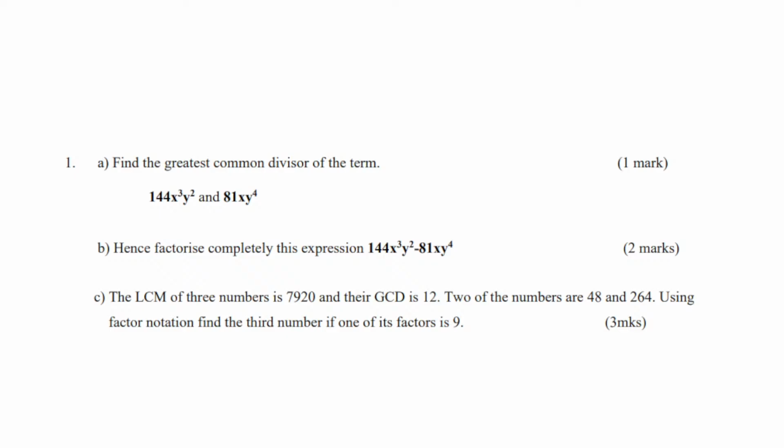The LCM of three numbers is equal to 7,920, and their GCD equals 12. Two numbers are, one is 48, the other one is 264.